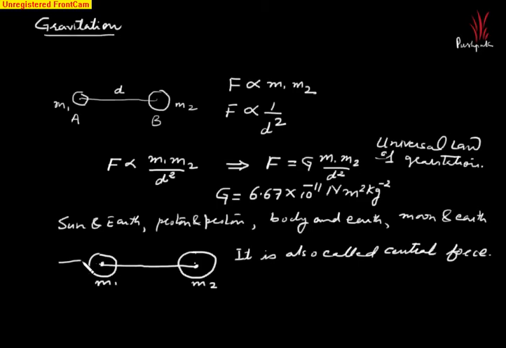Or you can say, if m2 is exerting a force, that is force on 1 due to 2, F12, and similarly force on 2 due to 1 is F21, then according to Newton's third law, force F12 will be equal to minus force F21.